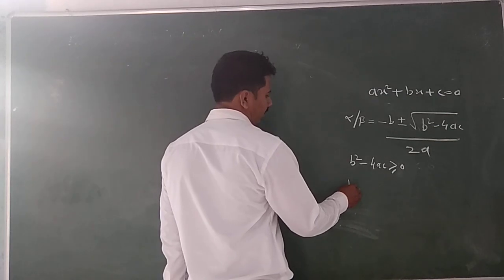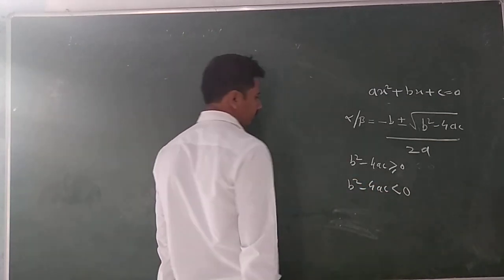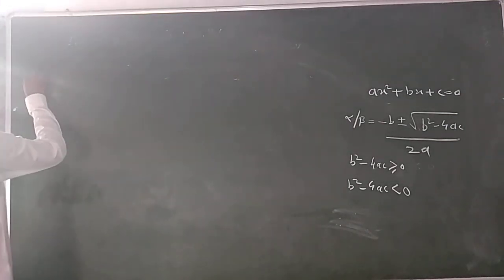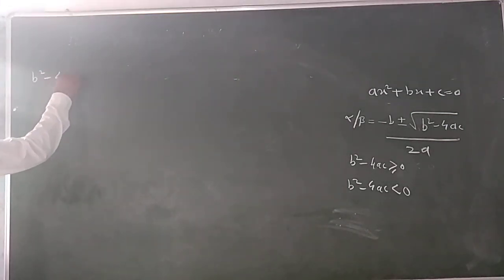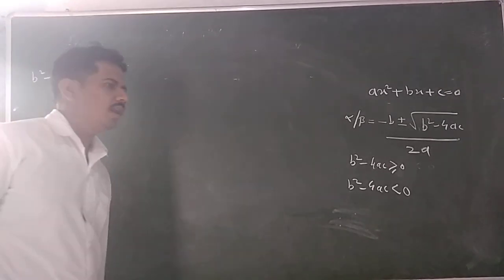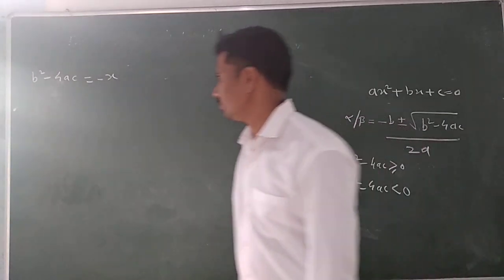So if b square minus 4ac is less than 0, suppose its value is minus x. Less than 0 means the value is negative; all numbers less than 0 possess a minus sign.